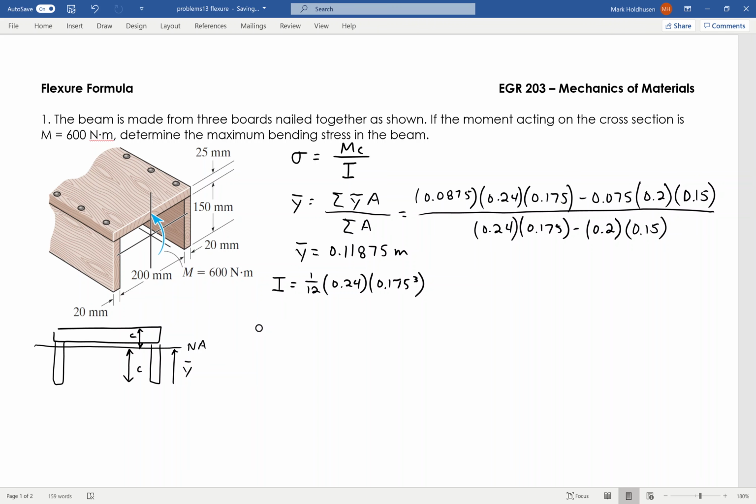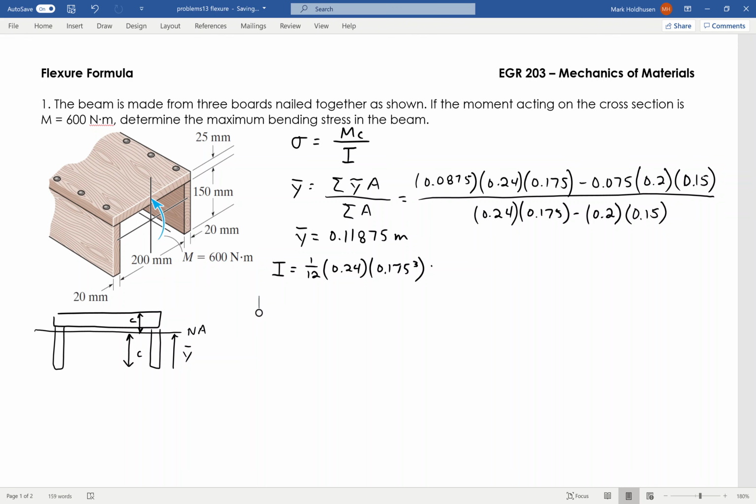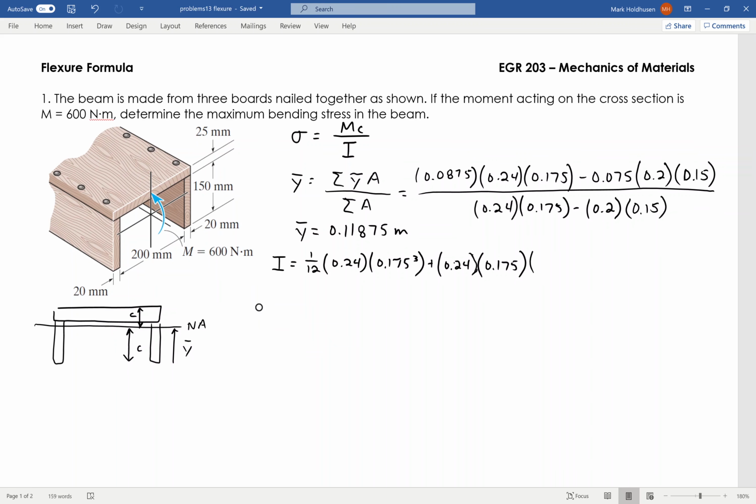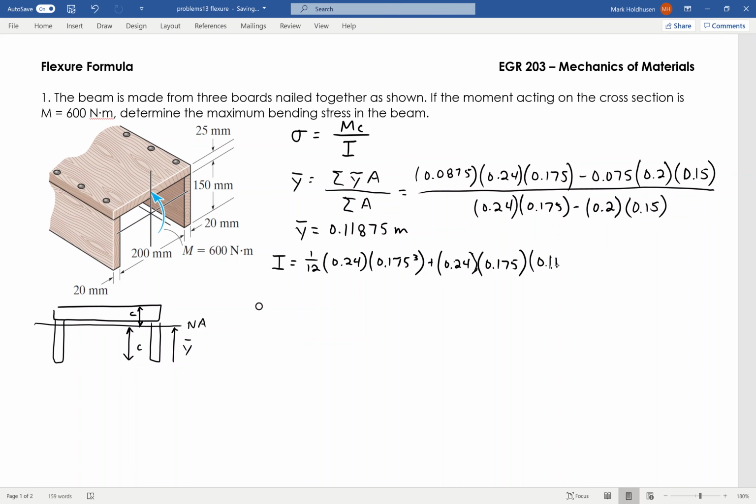Now I do the parallel axis theorem, which is the area, 0.24 times 0.175, and then the distance from the center of the whole rectangle to the axis I'm trying to take it about, which is the centroid: 0.11875 minus 0.0875, which is where the center of the big rectangle is.